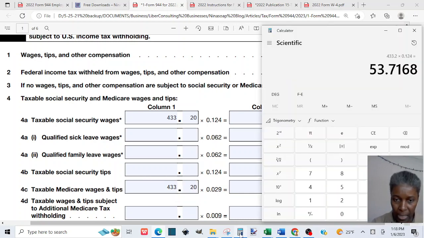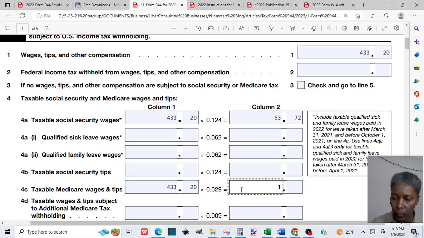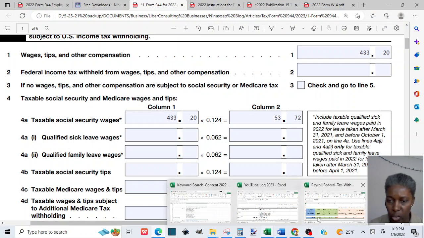So in this example, we'll have 433.20, and we'll get our trusty calculator and do that calculation to double check our number on our spreadsheet. So that's 12.56. Anything 5 or past, you can round it up; anything below 5, you don't round it up. I think it's 56, right? Let's take a look at it. We can go back to our payroll spreadsheet.